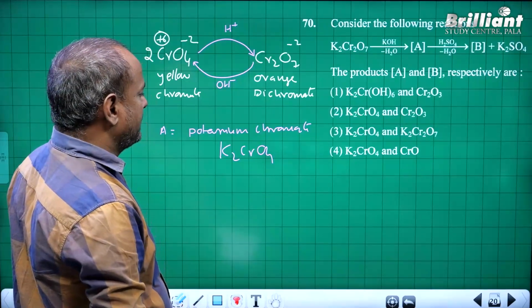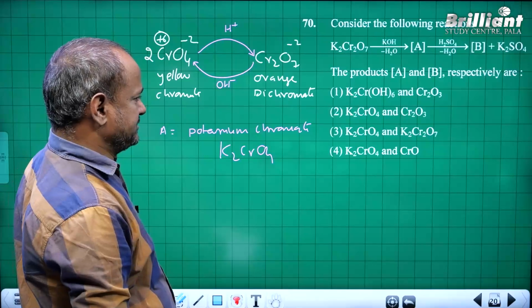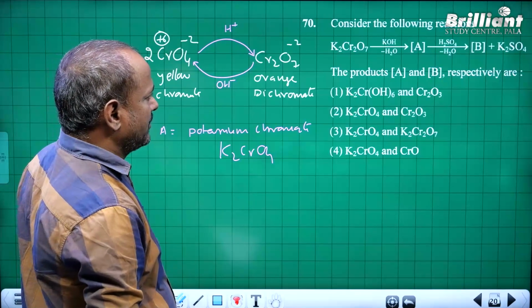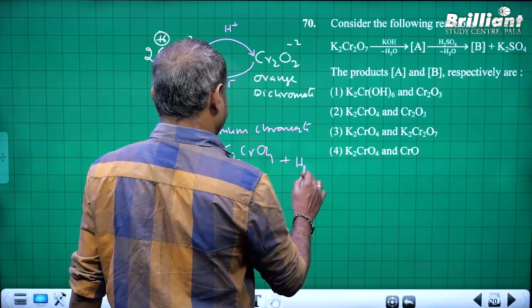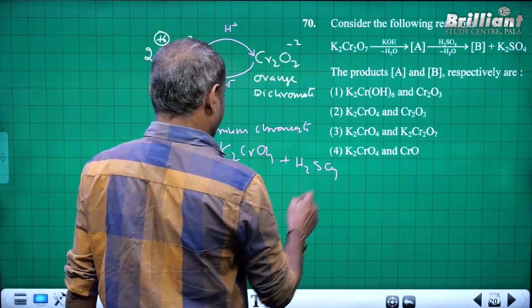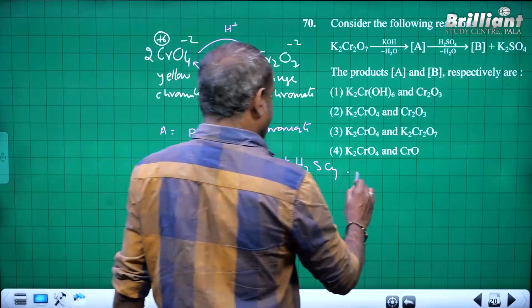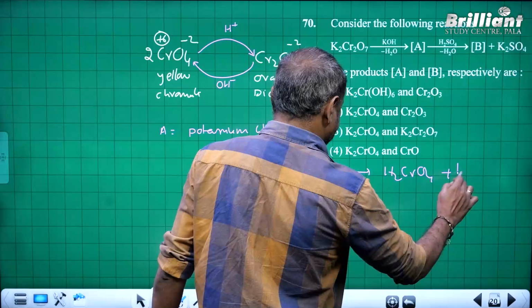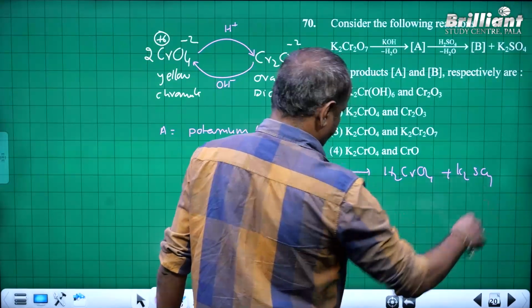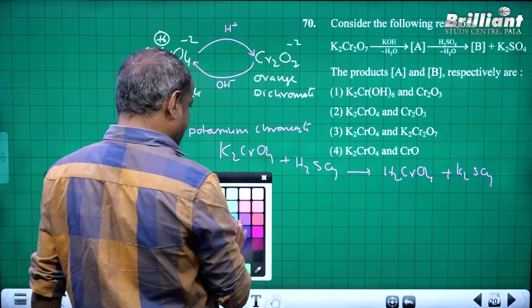Next, addition of sulfuric acid, H2SO4, gives H2CrO4 plus potassium sulfate. This is called chromic acid.